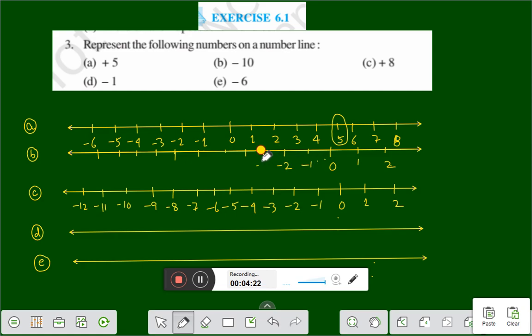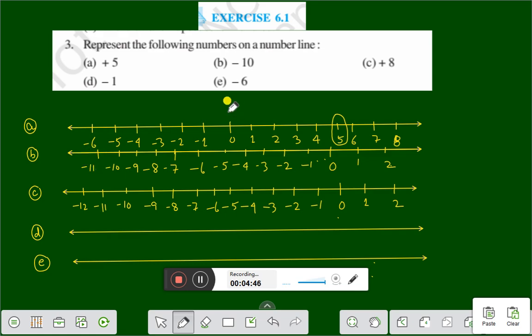This is minus 3. This is minus 4. This is minus 5. This is minus 6. This is minus 7. Minus 8. Minus 9. Minus 10. And this is minus 11, right?